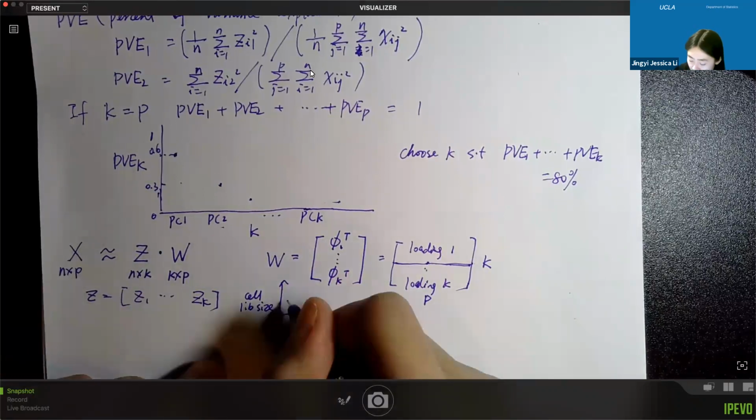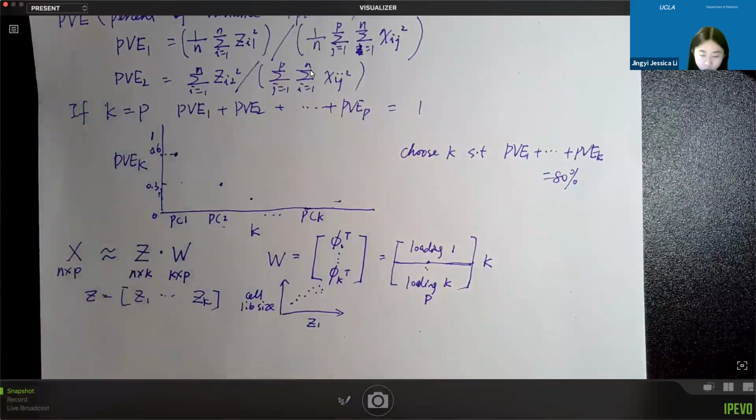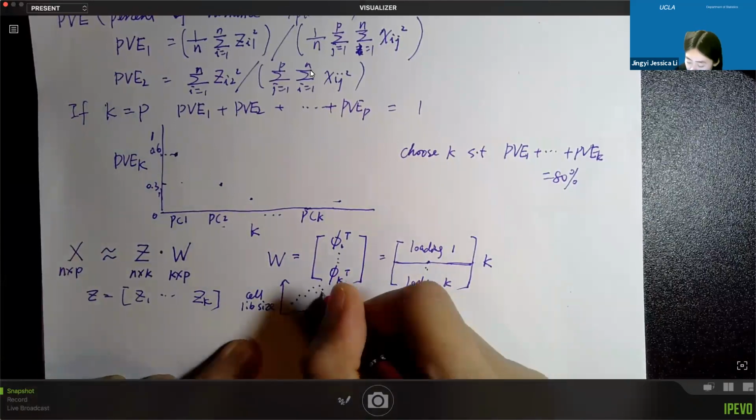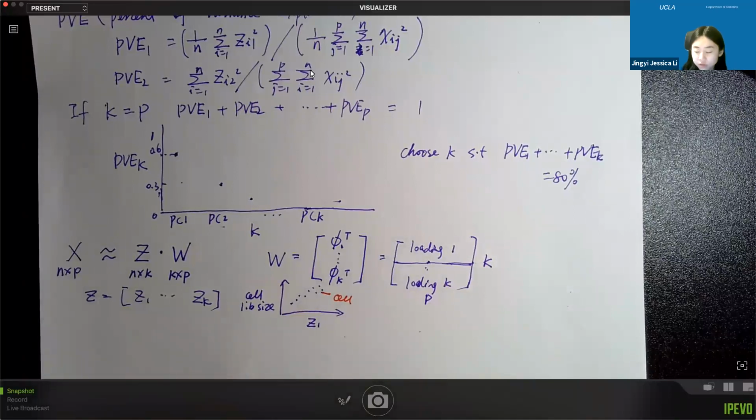So I will have dots here, and each dot represents one cell. What I'm doing is plotting the score of the cell in Z1 against the cell library size. If I see a very strong correlation here, then I would say, oh, my first PC is dominated by the cell library size. Then depending on whether I want to keep this information or not, I would do my analysis differently.